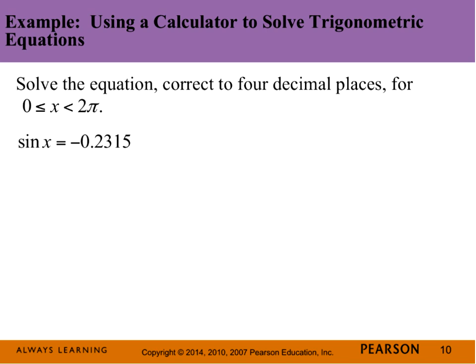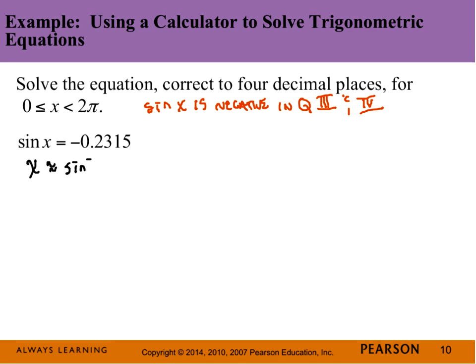Okay, so we have the equation sine of x is equal to negative 0.2315, and I'll go ahead and point out that the sine of x is negative in quadrants 3 and 4. Okay, so we'll go ahead and use our inverse sine function to rewrite this.